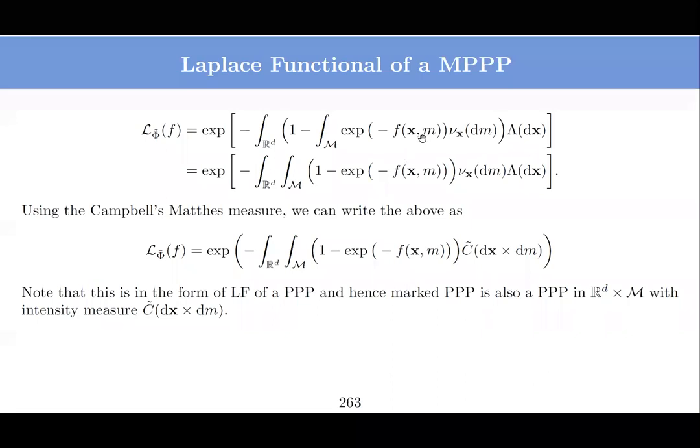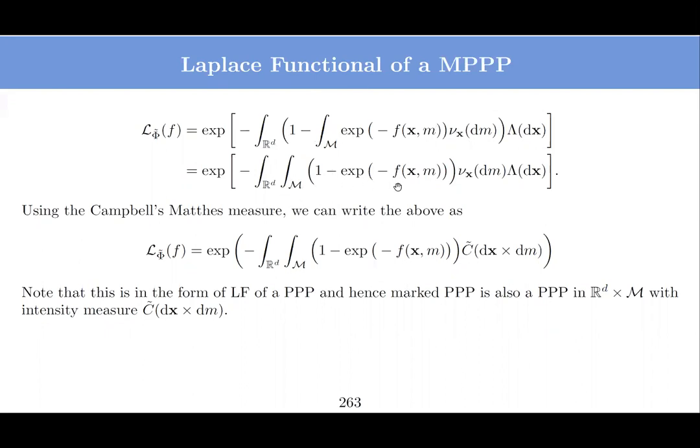If I write that back, the Laplace functional is given as exponential of minus the integral of 1 minus the integral of exponential of minus f(x, m) nu(x, dm), times lambda dx. There are multiple ways you can write this. One is this one. Second, I can use the fact that the integral over m of nu(x, dm) is just 1, so I replace that and take this term common.